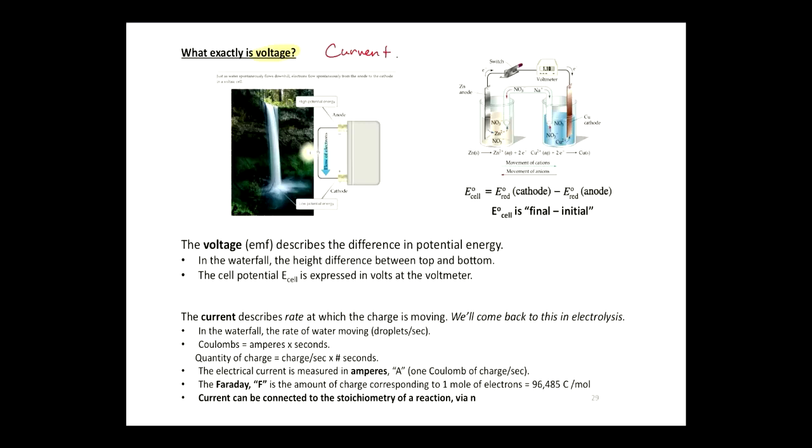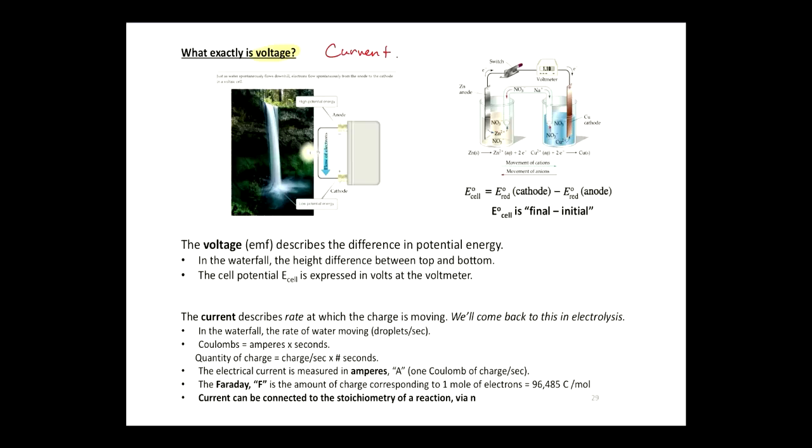Current and voltage are two concepts related to electricity. If you do any electronic hobbies or crafts, you'll see those terms discussed a lot. An analogy I like to use is a waterfall, where the water droplets are electrons.